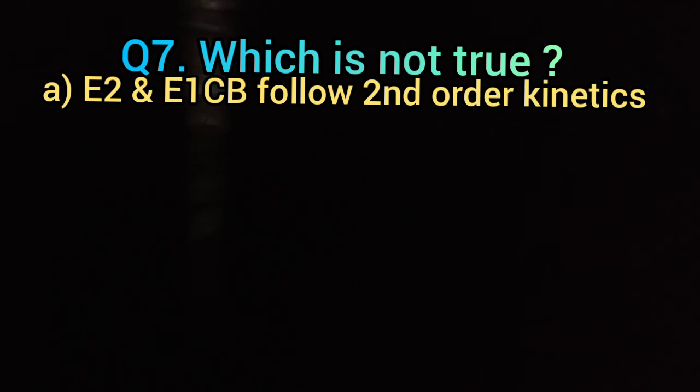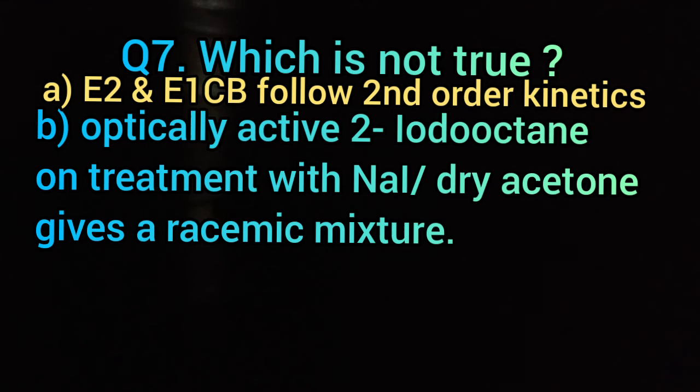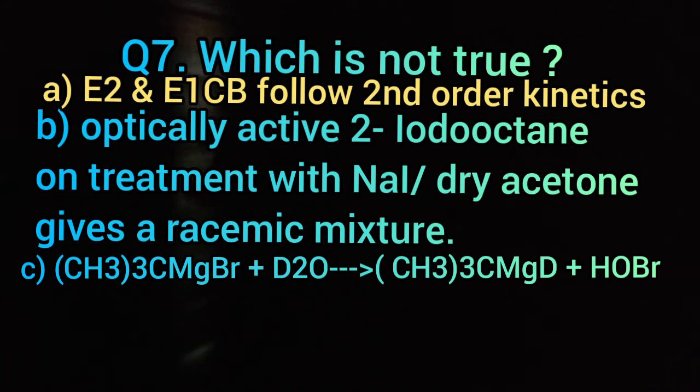Next question, which is not true? You see, there are 4 options. Next, optically active 2-iodooctane on treatment with sodium iodide in dry acetone gives racemic mixture.